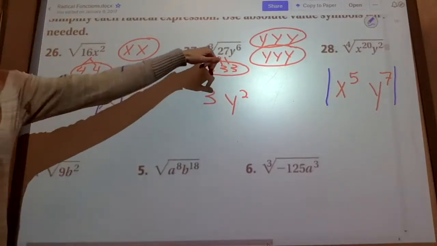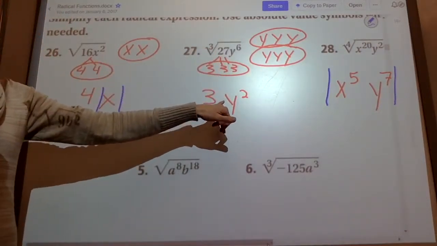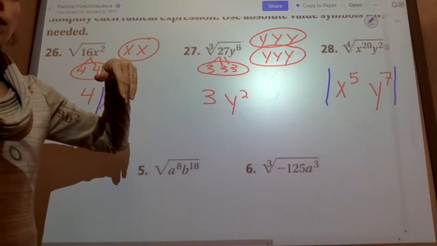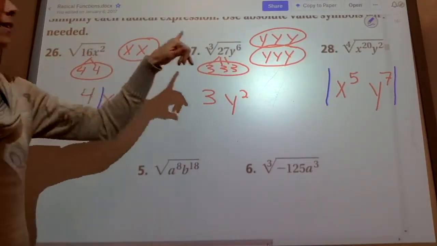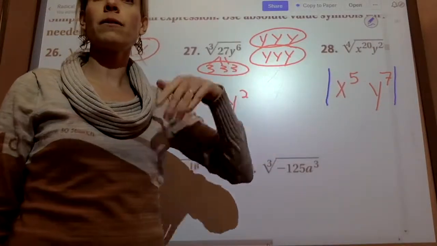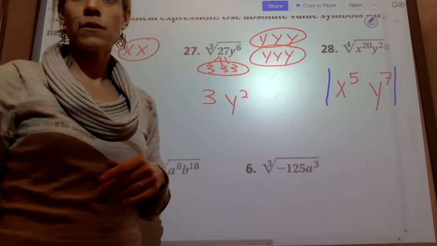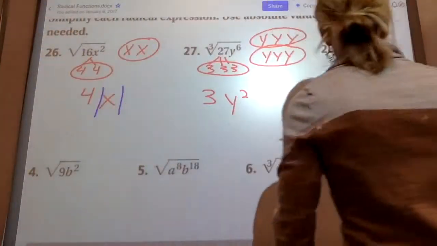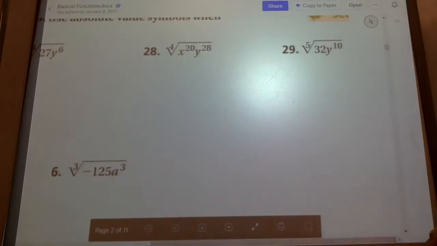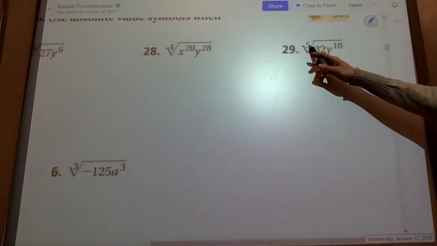When I have an odd index like 3, we don't have to worry about absolute values because I can have a negative underneath a cube root. It's only if you have an even index, any variable to an odd power has to have absolute values. Okay, let's try another one. 5th degree, so what do I need?